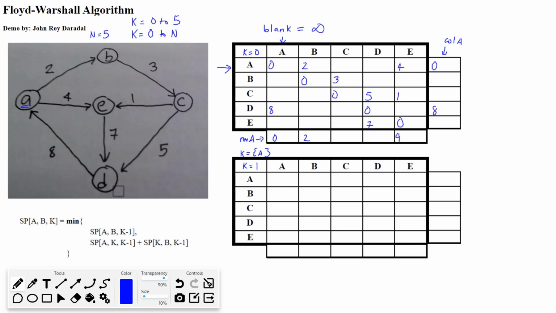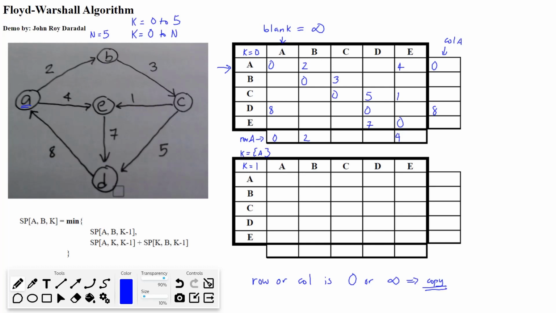Okay, so what will we do with this one? So I'll show you a shortcut, and what we will do is we'll look at each row and each column. Now if the row or the column is either 0 or infinity, then we will just copy the value. Now why is that?